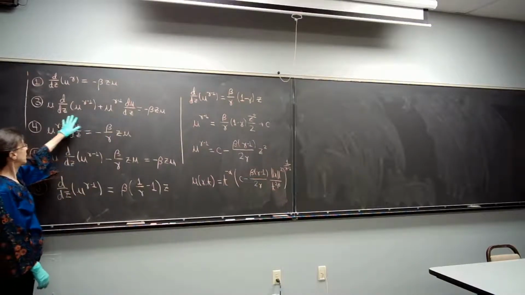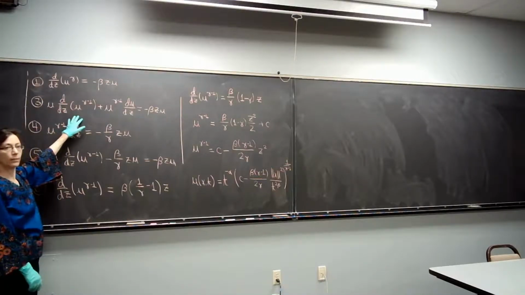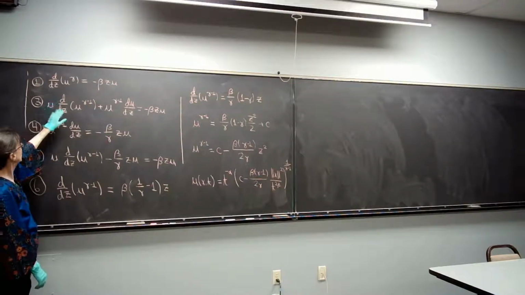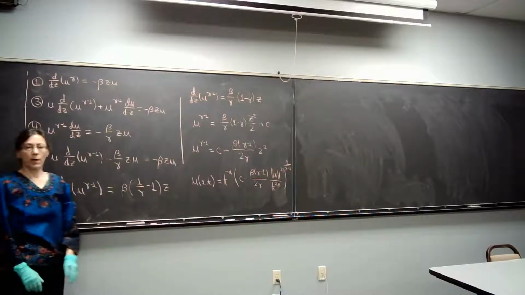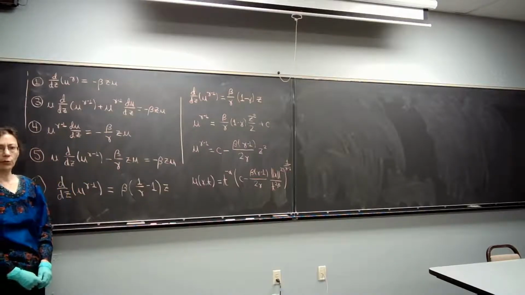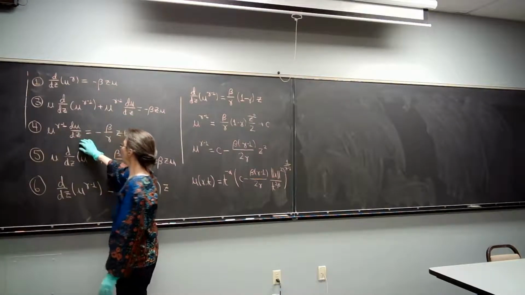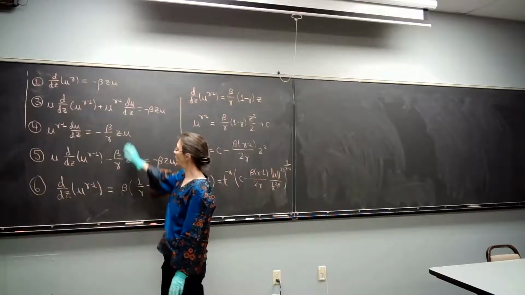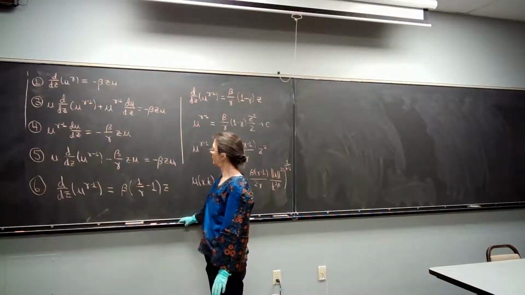The left-hand side here is a way to write d/dz of u to the gamma. So equation 2 is the same as equation 1. But here's another way to rewrite equation 1: just do the power rule and the chain rule.